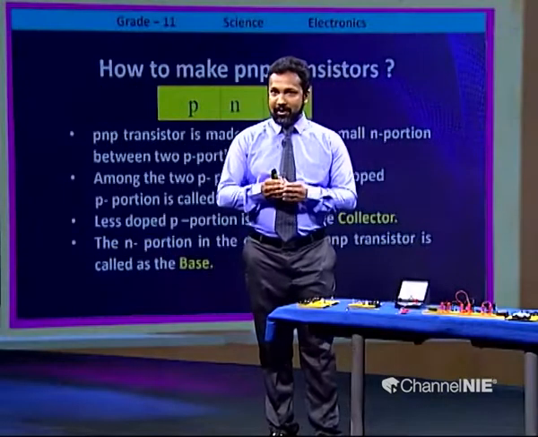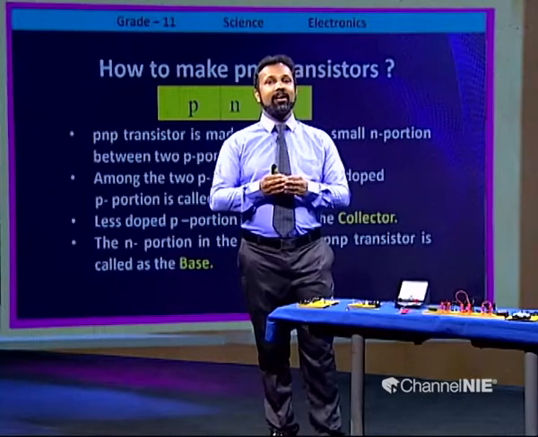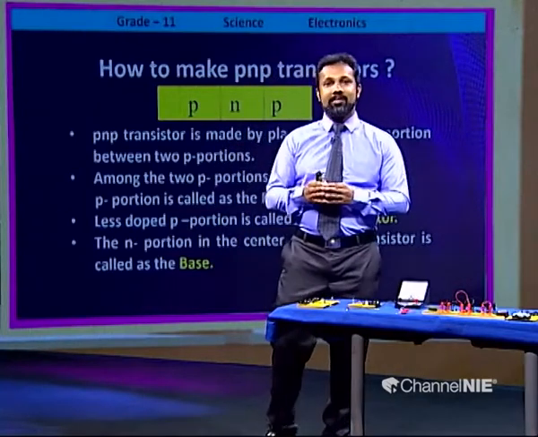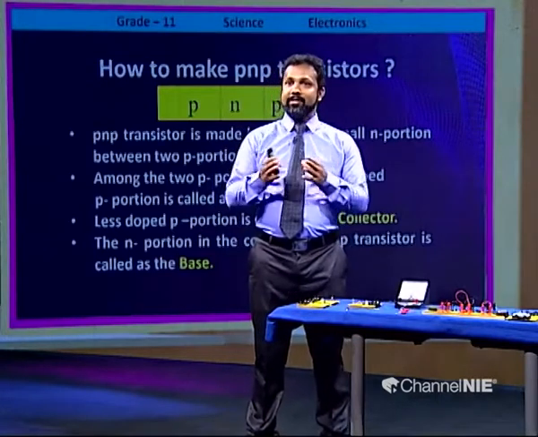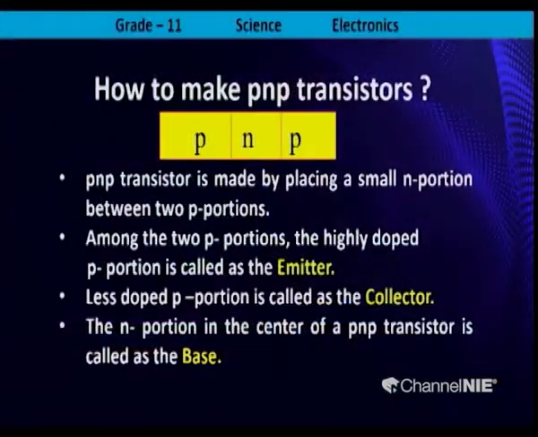Let's study how to make a PNP transistor. As you can see, a PNP transistor is made by placing a small n portion between two p portions. Among the two p portions, the highly doped p portion is called as emitter.